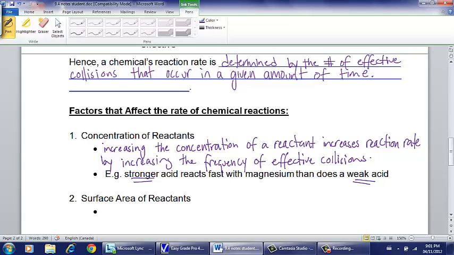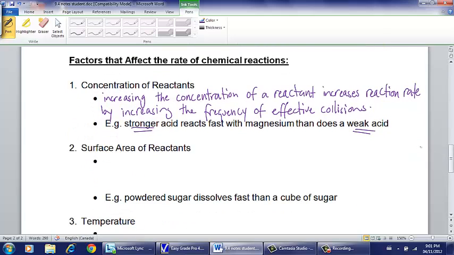The next factor that can affect the rate of reaction is the surface area of the reactants. The surface area is the amount of a solid that is open and exposed, so it's available to react.